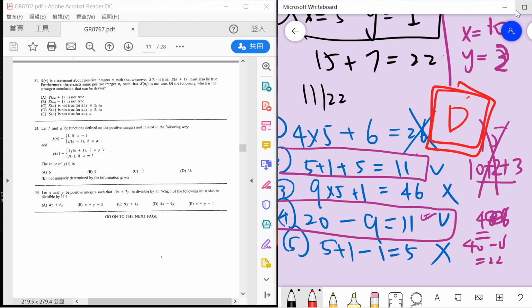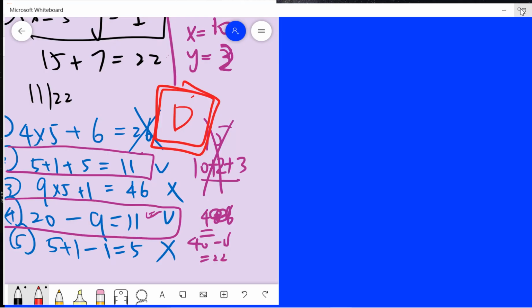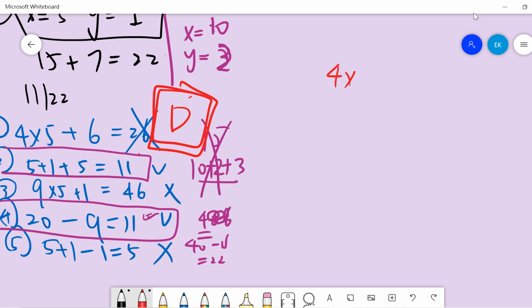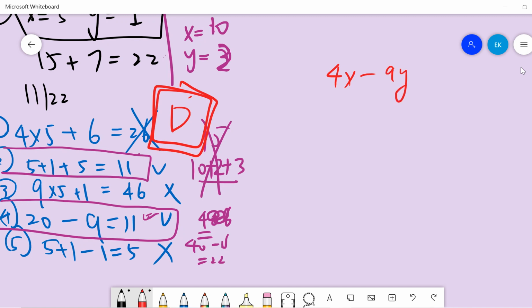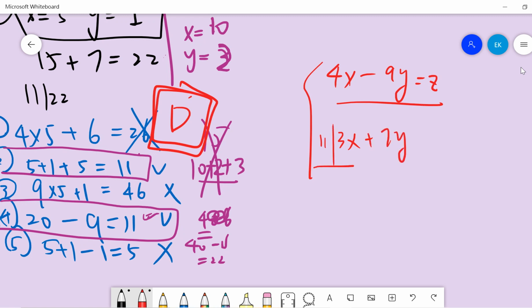But maybe someone will be curious about how to prove that D must be the correct answer. This is difficult, so let me show you why. Actually, you can show this one is definitely divisible by 11.